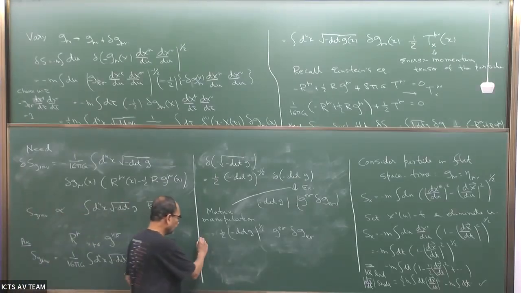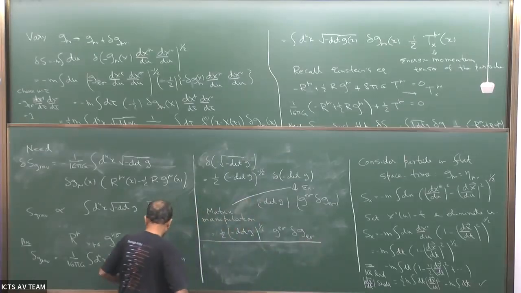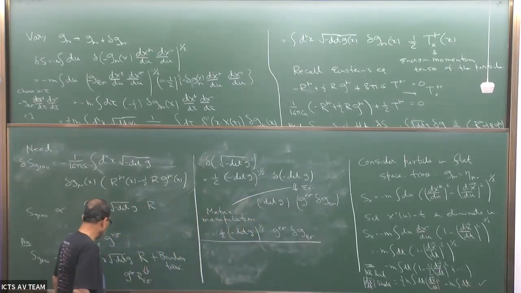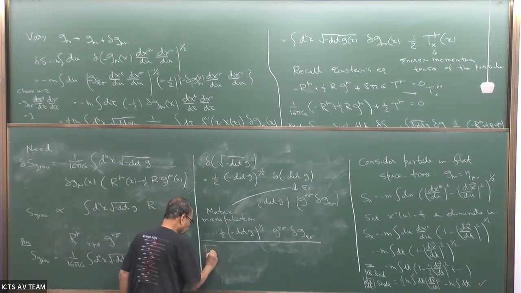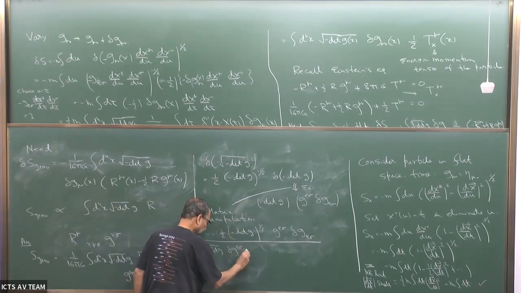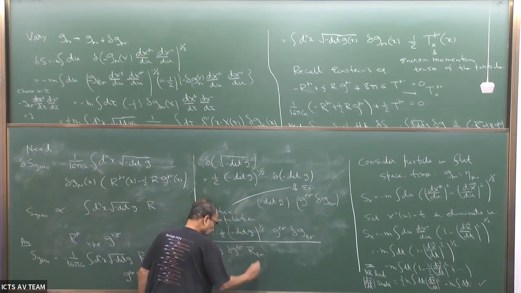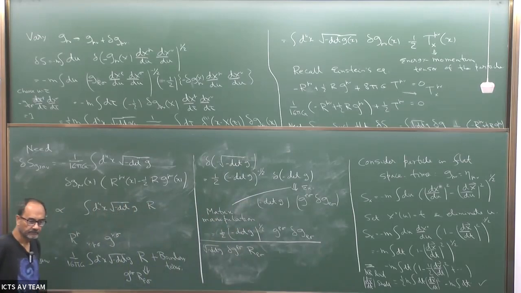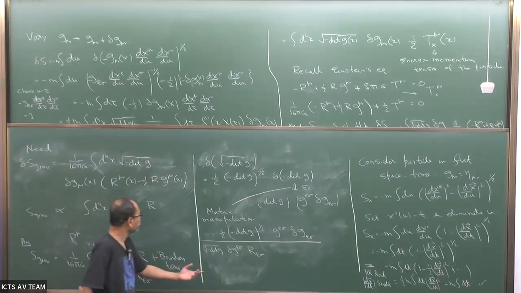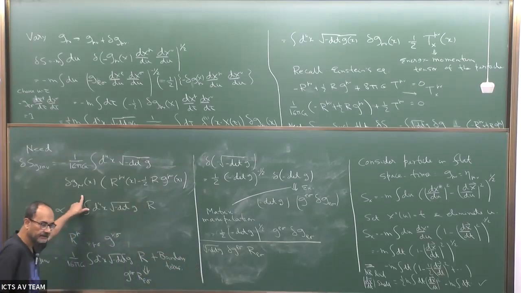Then we have this term, the variation of this. So another term is minus square root of determinant g, delta g rho sigma R rho sigma. We have to write it in terms of delta g with lower components, because the equation of motion here has delta g with lower components.